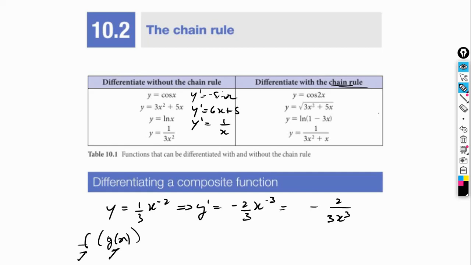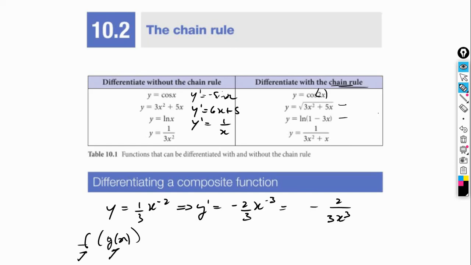So in this case, to the right, where we have y equals cosine of 2x, notice that we have an external function, which is cosine of x, that would be f of x, and then g of x would be 2 times x. For the next one, we would have square root of x as the external function, and the internal function would be 3x squared plus 5x.